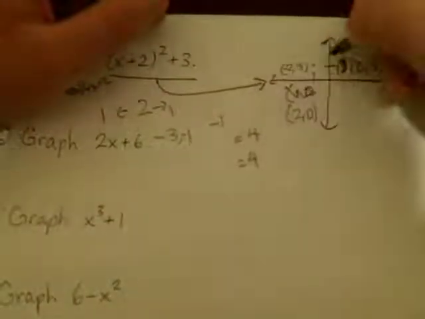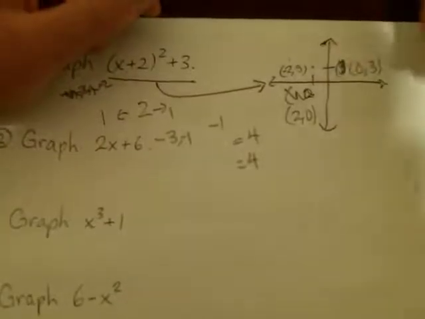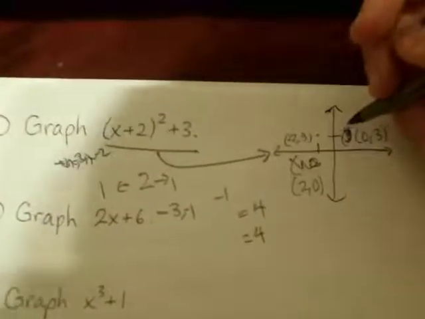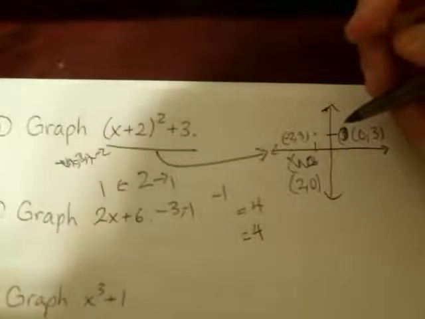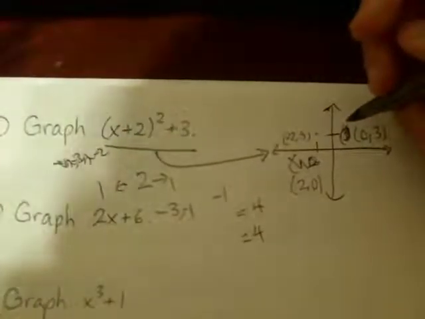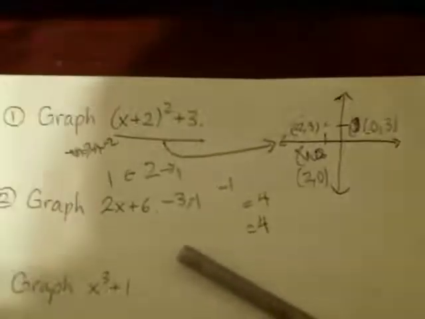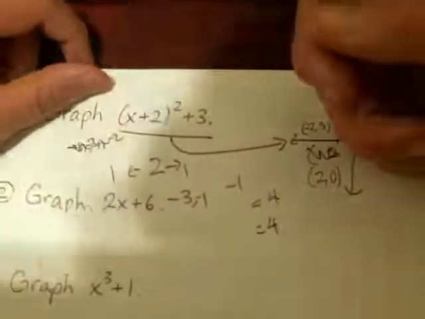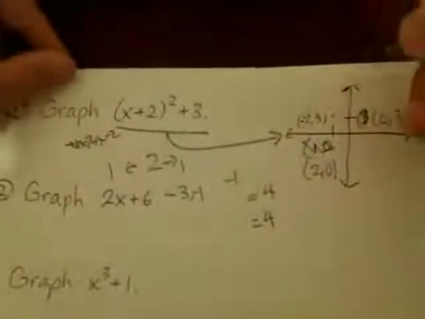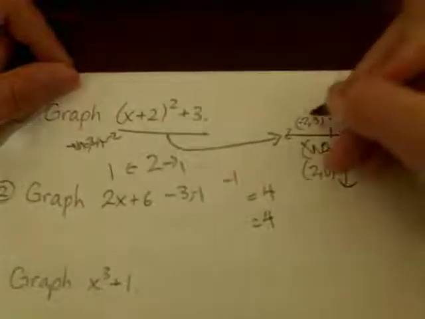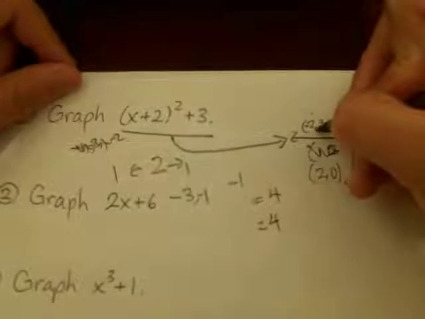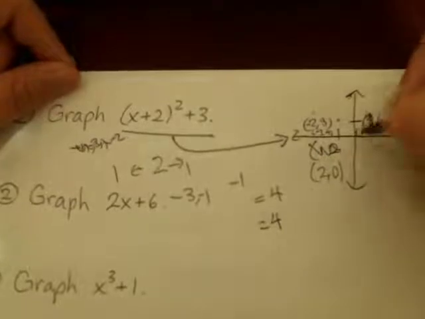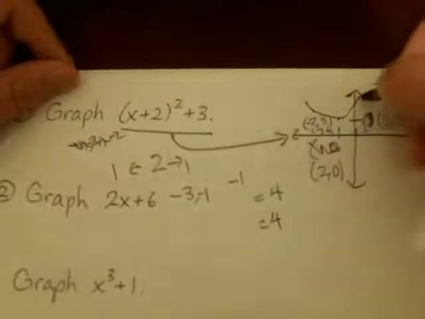So we would have these points here: negative 3, 4, negative 1, 4, and then we'll just have this, and then we can just graph it like that.